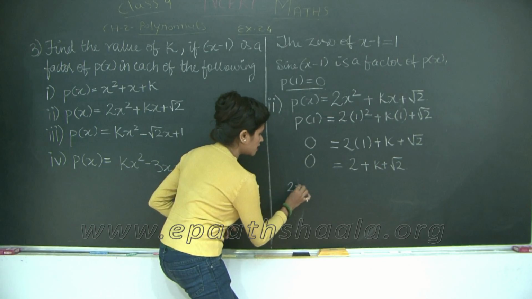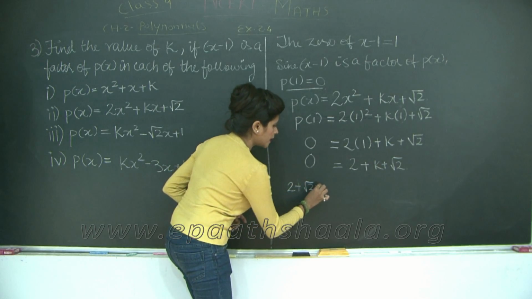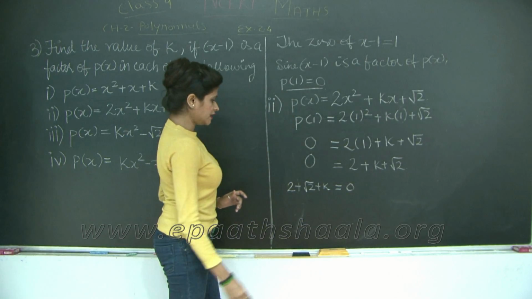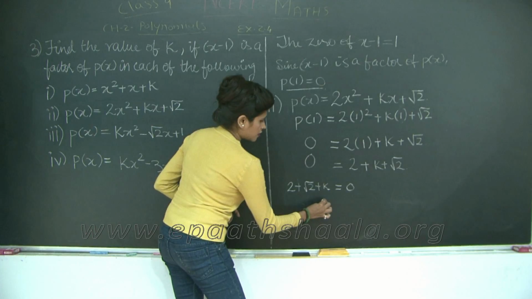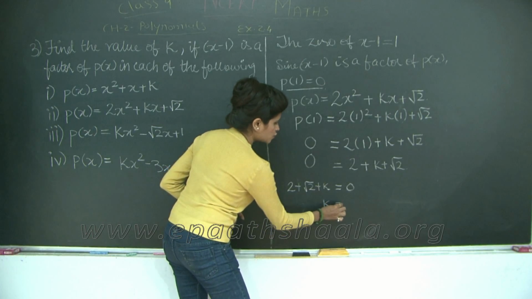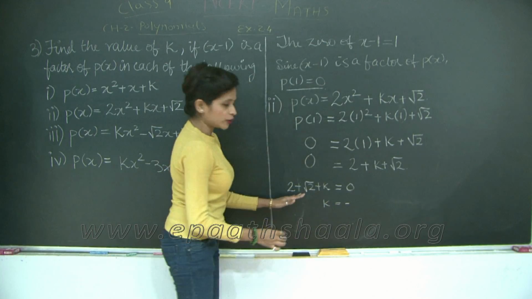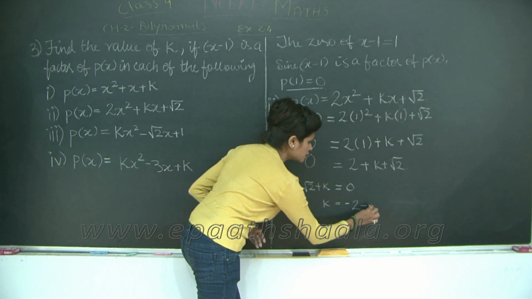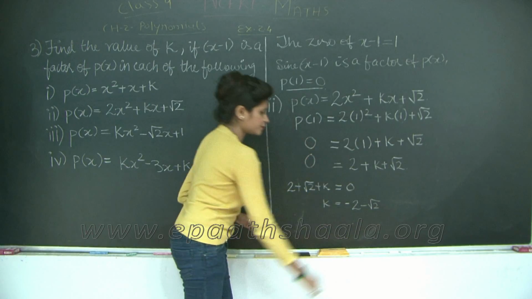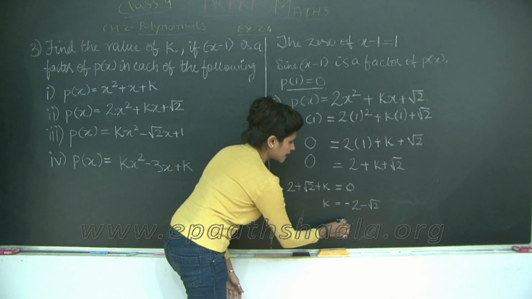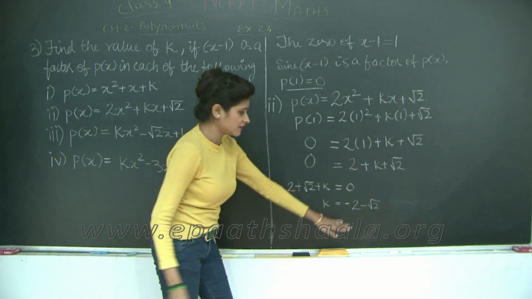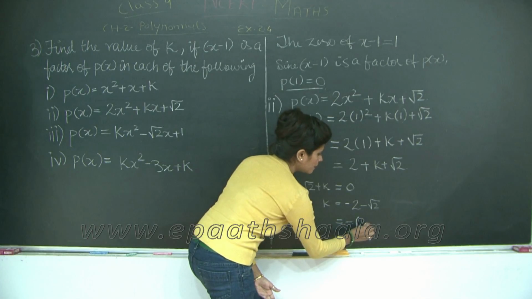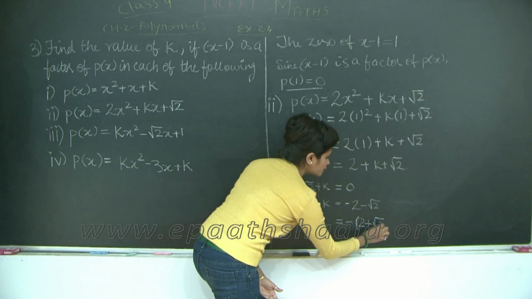So, I get 2 plus root 2 plus k is equal to 0, right? Therefore, k is equal to, I am getting both these terms on the right hand side, so the sign will change, minus 2 minus root 2, correct? Let us just quickly further simplify this. I will take the negative sign outside, minus, so this becomes 2 plus root 2.